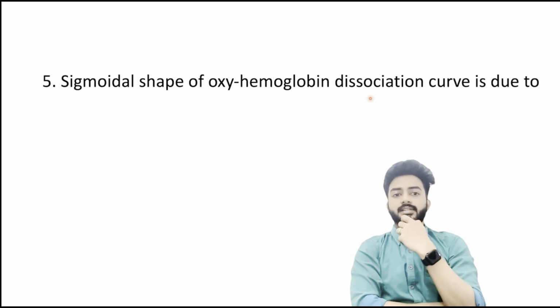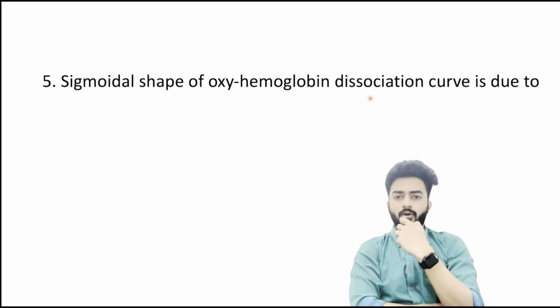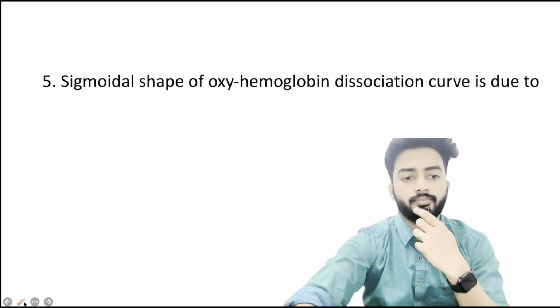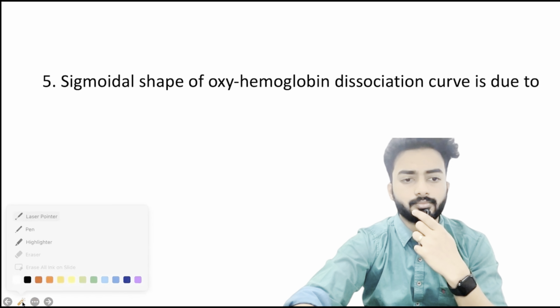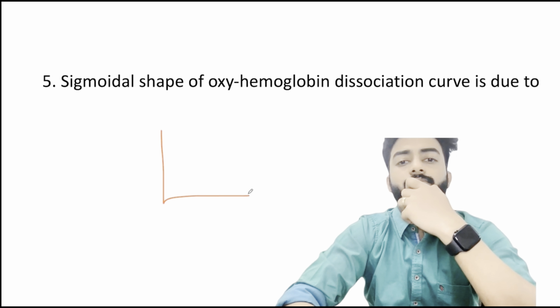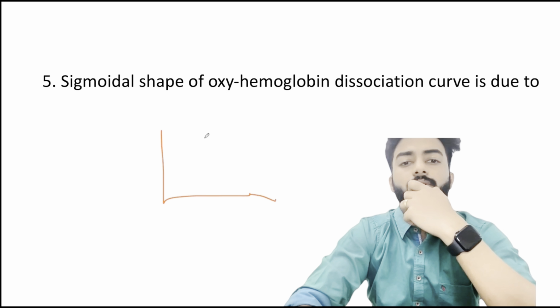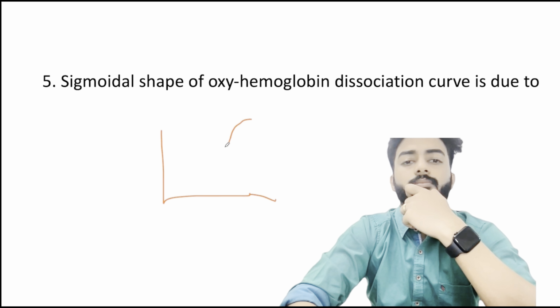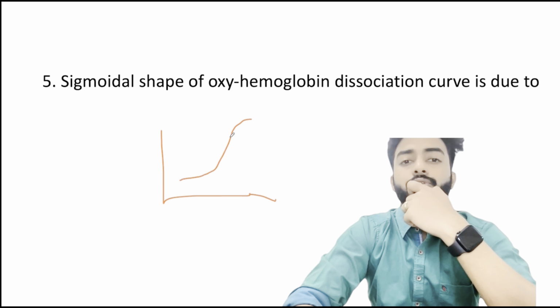So the next question is, sigmoidal shape of the oxyhemoglobin dissociation curve is due to. The oxyhemoglobin dissociation curve is usually like this.